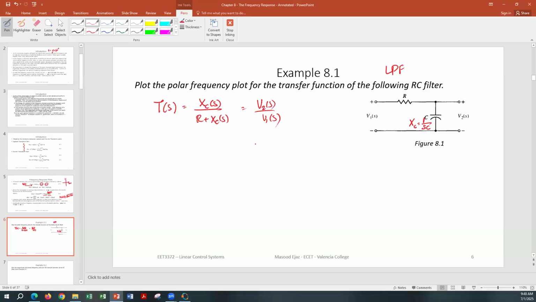Now, since we are dealing with the frequency response, S is equal to j omega. So we're going to go ahead and write this transfer function down in terms of j omega.